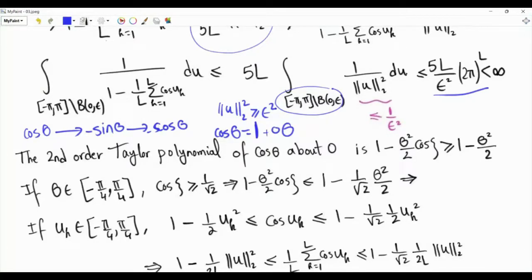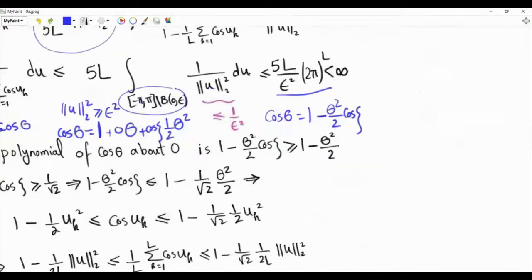And then we will have the quadratic term, so theta squared and 1 over factorial of 2, which is 2. And then this will be multiplied by cosine zeta, and zeta is a number between 0 and theta. So the second order Taylor polynomial for the cosine about 0 is cosine theta is equal to 1 minus theta squared over 2 cosine zeta.